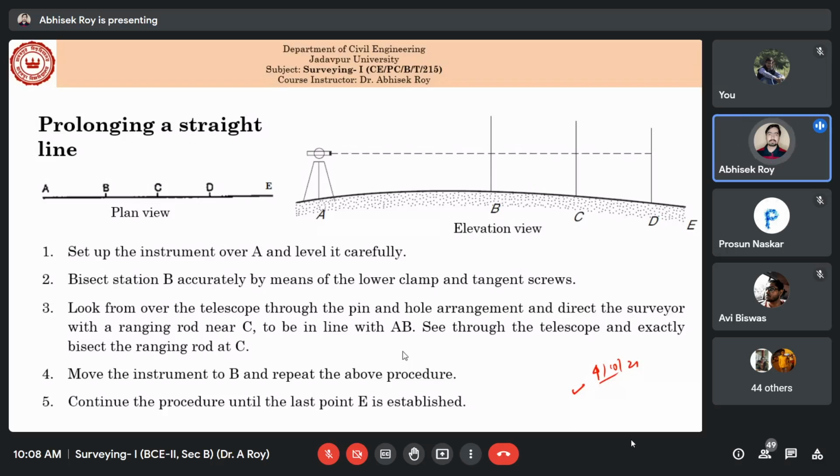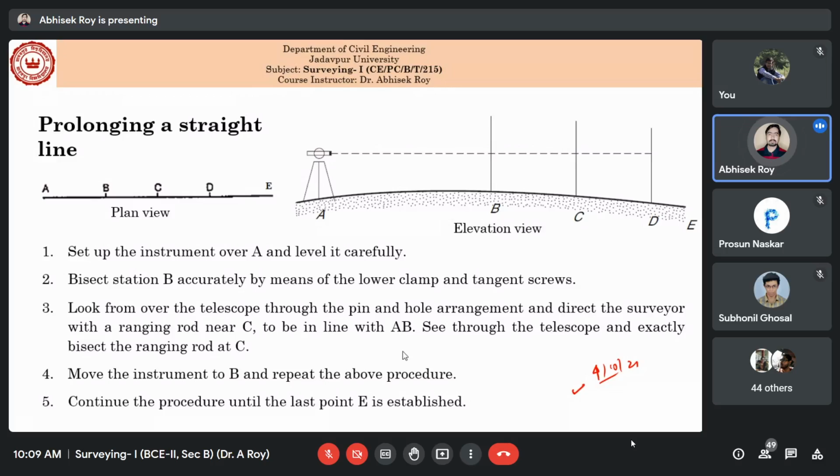And to minimize those errors, we know some of the steps we are doing while taking the measurements. Like we are taking the measurements of both the verniers, so this is basically to reduce some amount of error. What is the type of the error, that we will discuss, but this step we are doing to minimize the error. Similarly, with the help of the method of repetition and reiteration also, we are going for more precise measurements, right? Or basically we are reducing the error also.